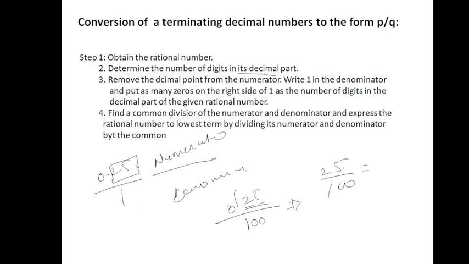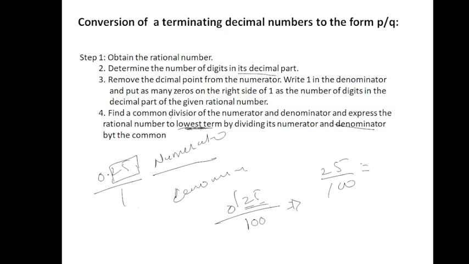Find the common divisor of the numerator and the denominator, and express the rational number in lowest terms by dividing its numerator and denominator.